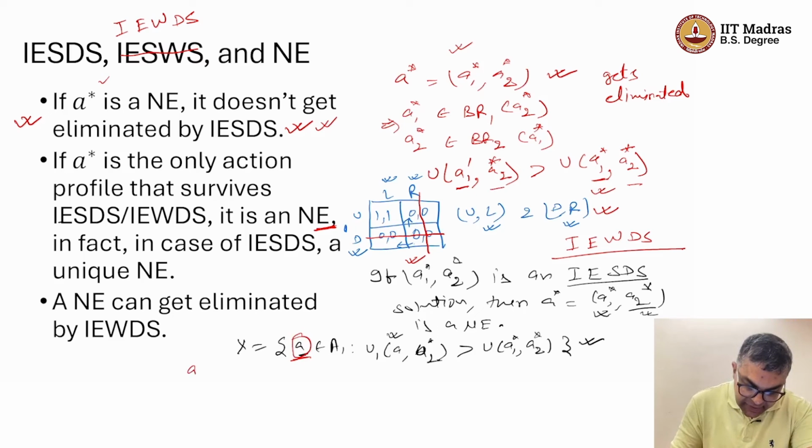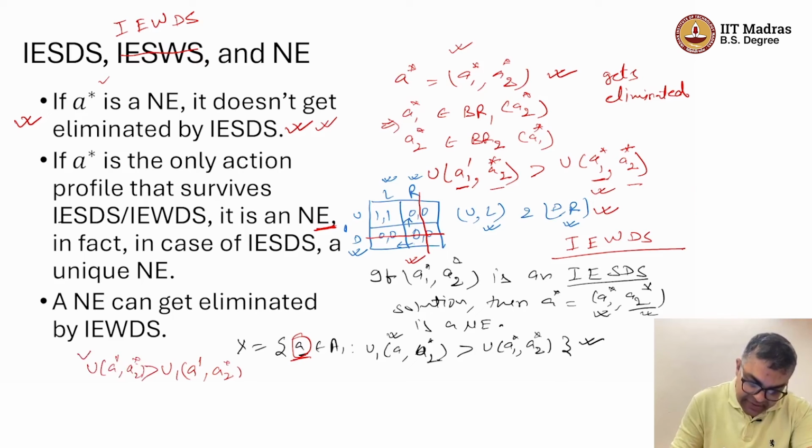Let us say A1 dash is the last one which gets eliminated. It means there must be some other strategy of player 1 that does better than A1 dash, and that strategy is A1 double dash.